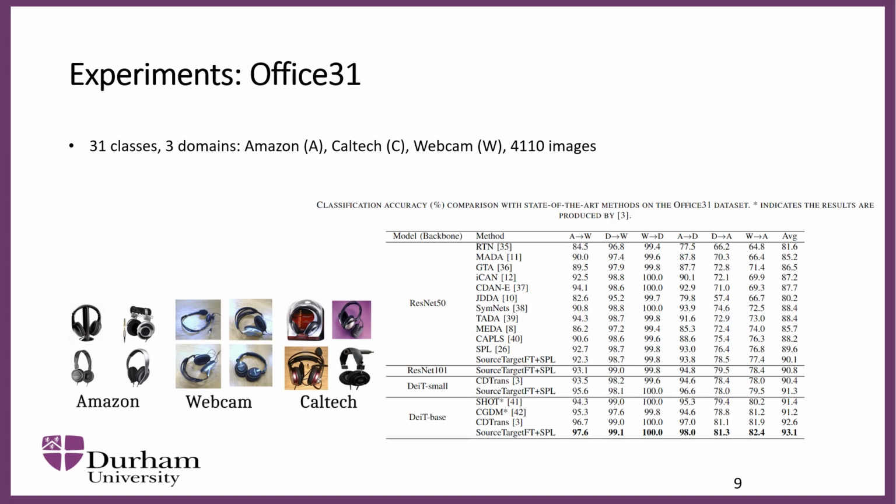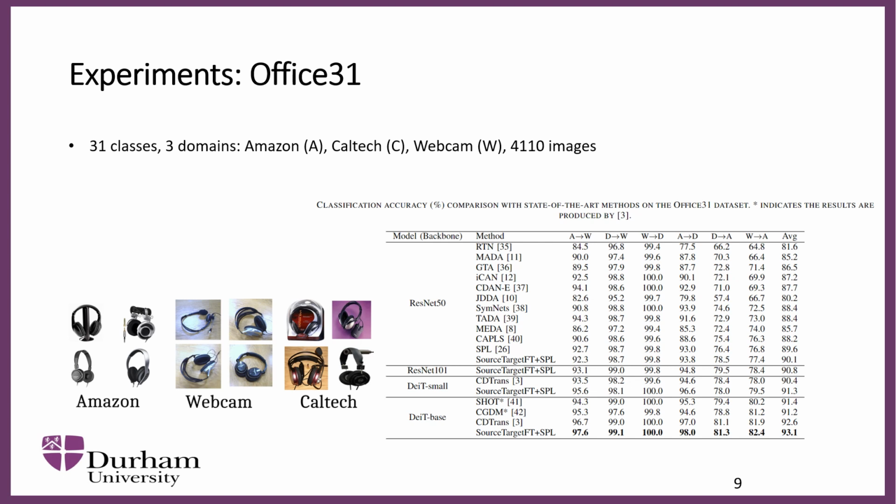We conduct experiments on the commonly used benchmark dataset for domain adaptation, Office-31, which consists of 31 classes in 3 domains. On the left side of this slide, we show some exemplar images from the 3 domains. We use 4 different backbones in our experiments. Results in the table show that our proposed approach can achieve the best accuracy regardless of the backbone models, particularly when the typical ResNet-50 backbone was used.